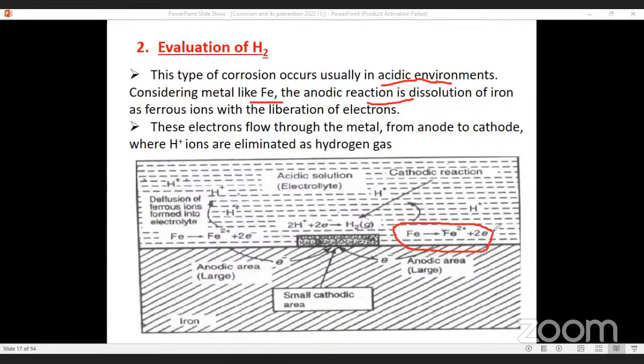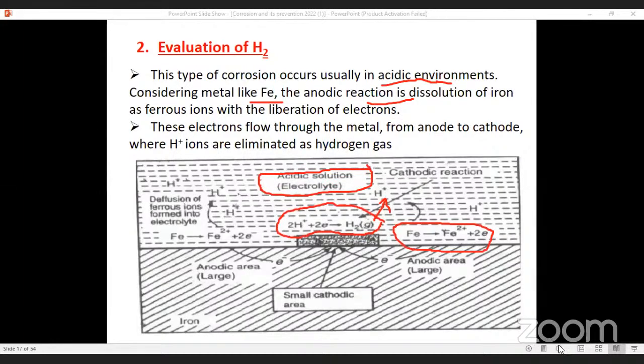Previously OH minus ions were formed, but here H plus ions are available. These H plus ions absorb the two electrons and produce hydrogen gas. This acid solution may act as the electrolyte, so the corrosion process is carried out.